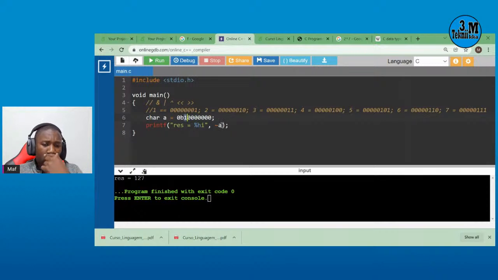Okay, and I would like to work with smaller values. For example, if I have something like 1 here, and another one here.